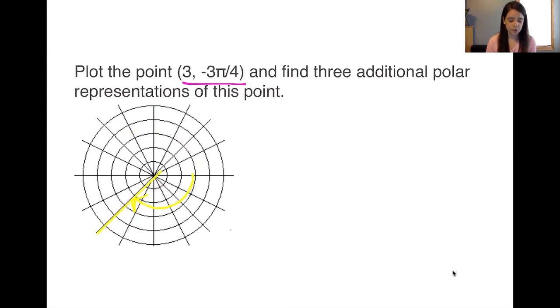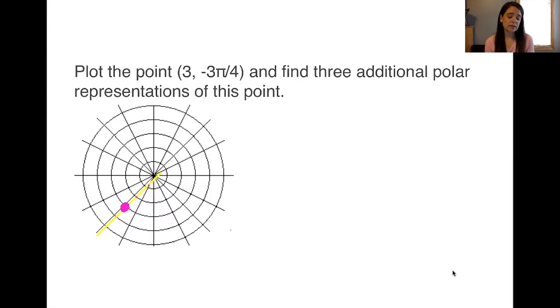So there's our negative 3 pi over 4. But then I would like to move out along that angle a positive 3. So here's 1, 2, 3. Here's that coordinate.